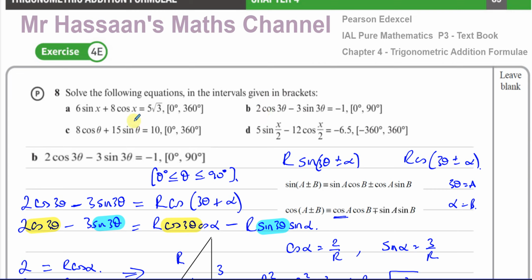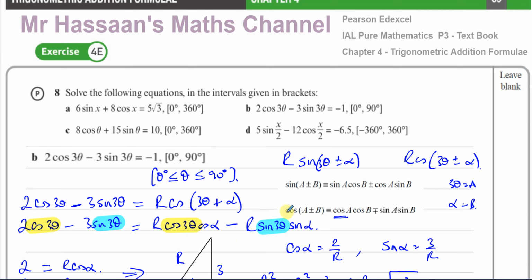Now, as for A and C, here you have some sort of a choice. You could go by it as it looks here. You can say you want to have sine of A and cosine of A, so it's going to be like sine A plus B. And for this one, cosine of A and sine of A, so you're going to have cosine first and then sine.